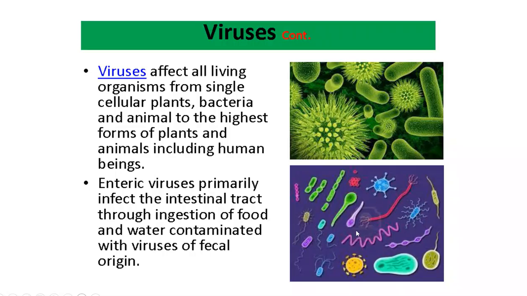Here we can see different forms, like spiral form and circular form. You can see this shape is like COVID-19. So they are formed in different forms, and they are long as well as short, in different sizes.